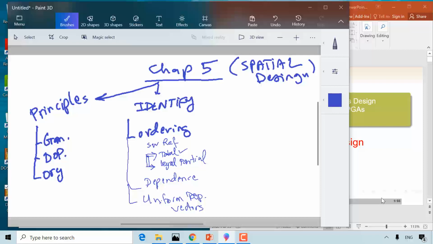Now, in this lecture, we would like to explore spatial parallelism within the FPGA platform.